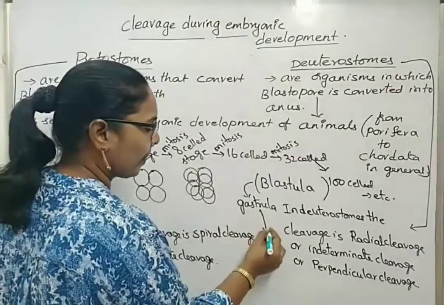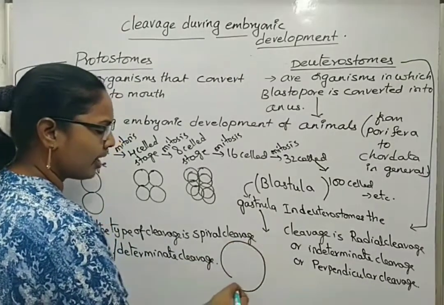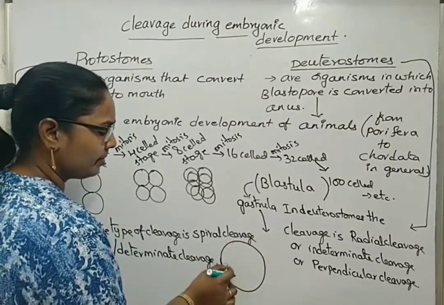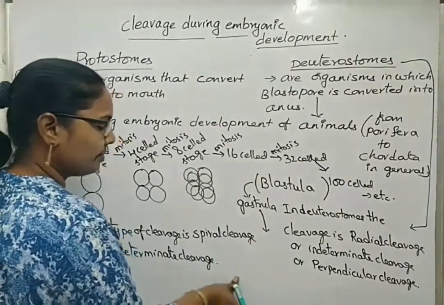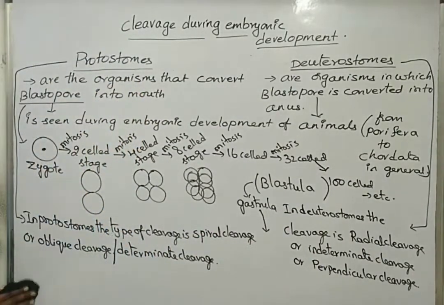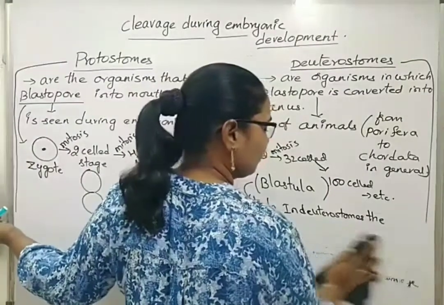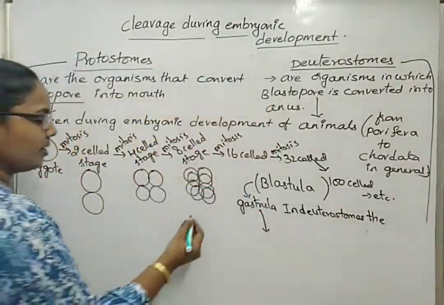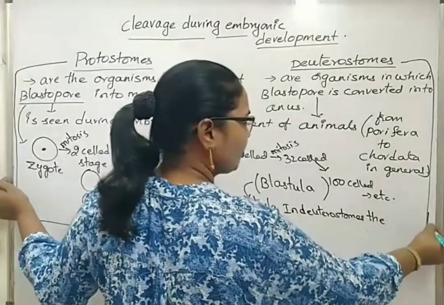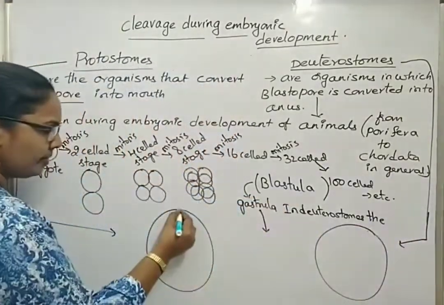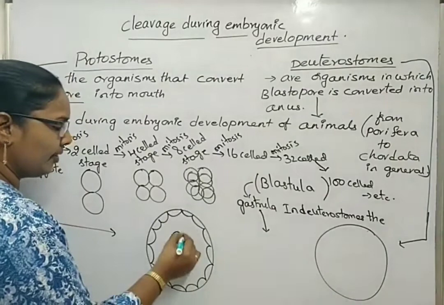In case of protostomes, if this is the gastrula, in case of deuterostomes, if this is the gastrula stage, here will be the ectoderm and here will be the endoderm.